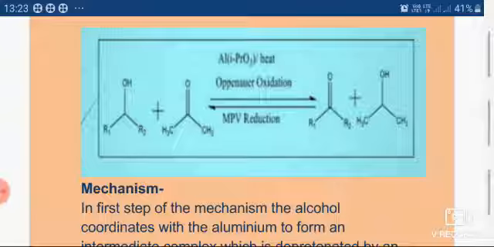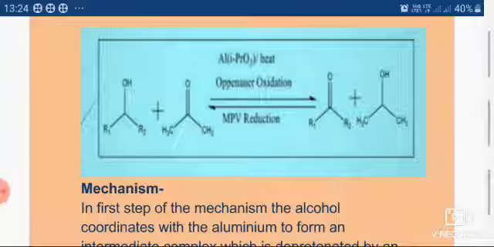Then I will take an example of this reaction. When 2-butanone undergoes reduction with an alcohol, that is isopropyl alcohol, in presence of aluminum isopropoxide, then it gives you 2-butanol along with acetone.